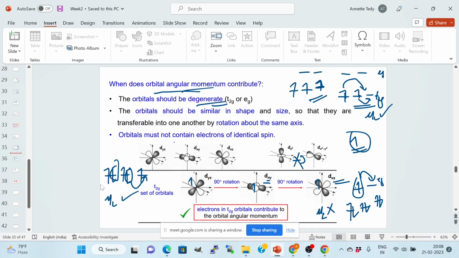So if an up spin electron has to jump somewhere, there should not be an up spin already there. Here this up spin cannot come here because an up spin is already here. When all 6 electrons are filled, even this downspin has another downspin electron there, right? So this cannot come here because the same spin is there.